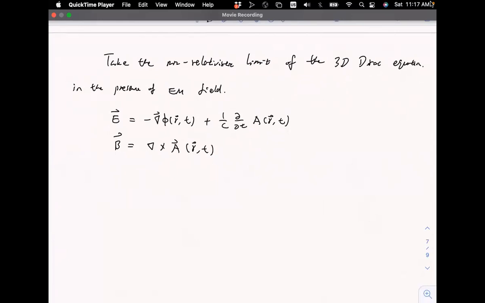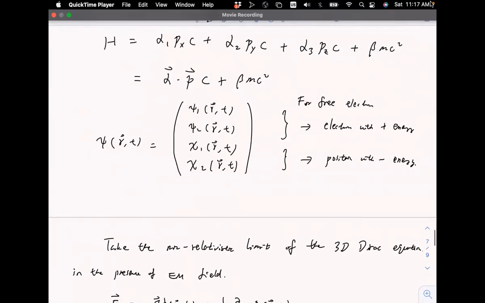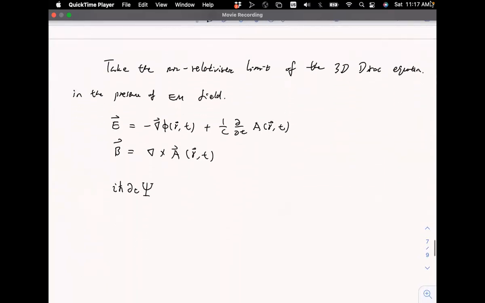So originally, let me use this big thing. Let me write it better. Okay, bigger one.